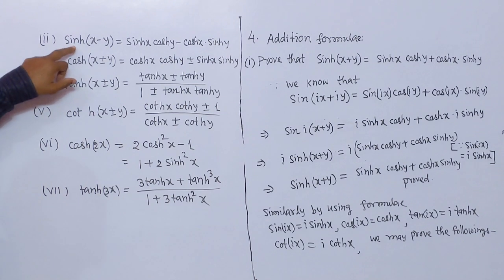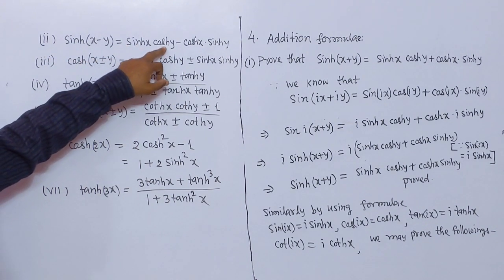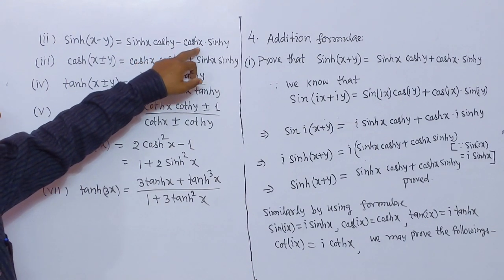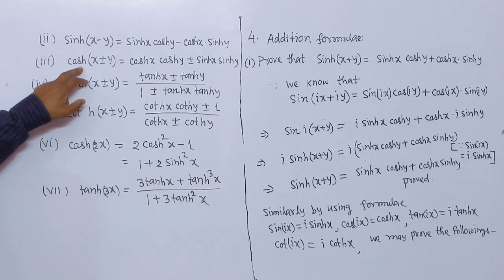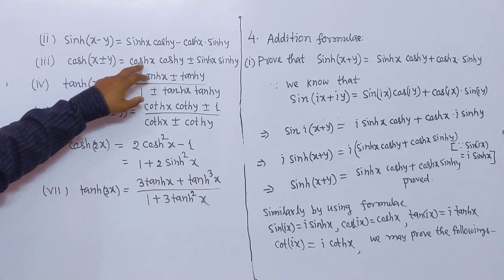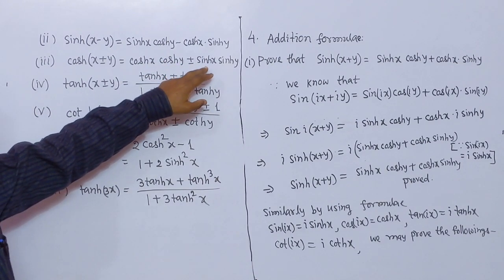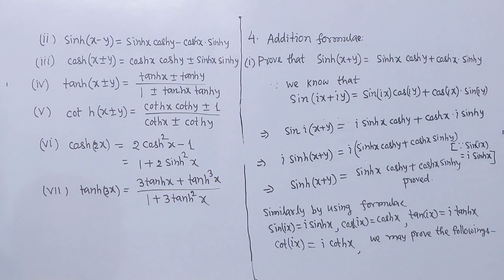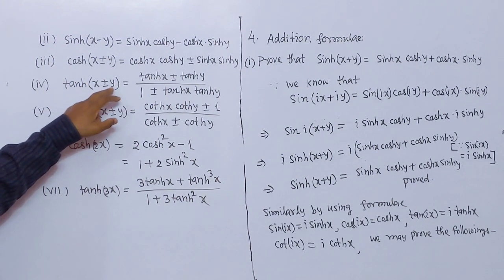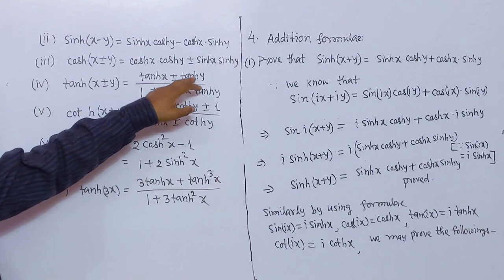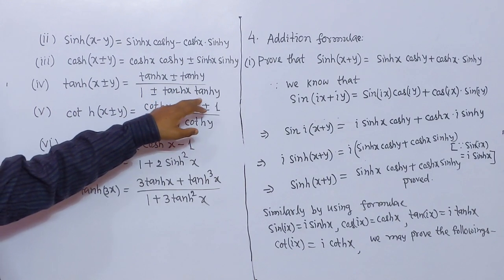Number 2, sinh of x minus y equal to sinh x multiply cosh y minus cosh x multiply sinh y. Number 3, cosh of x plus minus y equal to cosh x multiply cosh y plus minus sinh x multiply sinh y. Number 4, tanh of x plus minus y equal to tanh x plus minus tanh y by 1 plus minus tanh x multiply tanh y.